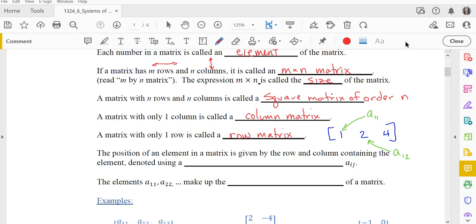The position of an element in a matrix is given by the row and column containing the element, denoted by using a double subscript notation. The elements A11, A22, A33, those make up what's called the principal diagonal of the matrix.